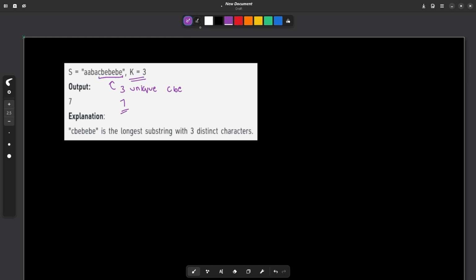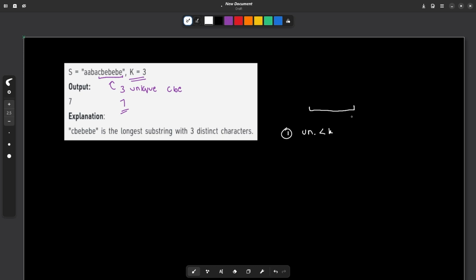So how can we solve this problem? Let us just first assume any general substring, right? So there might be several cases around this particular substring. Let us consider case 1, when unique is less than k. If you have this particular substring and the number of unique characters is less than k, the obvious idea is to include one more character and see what changes are made to the substring.